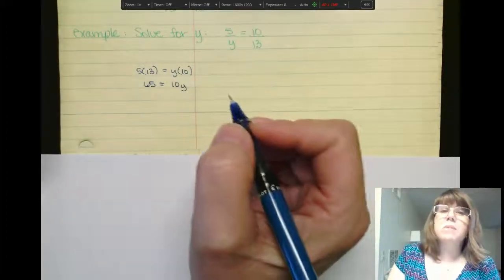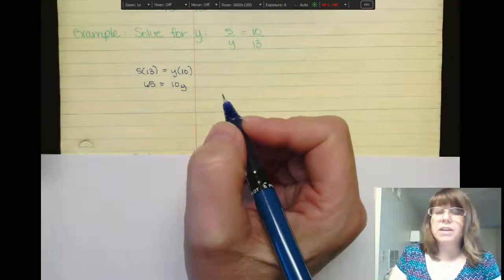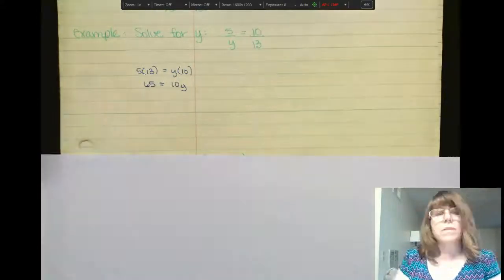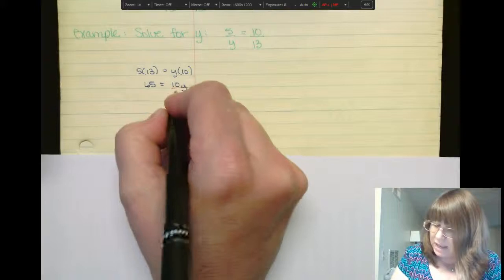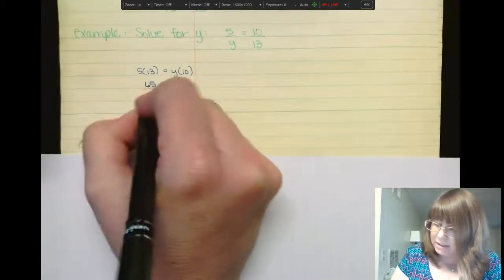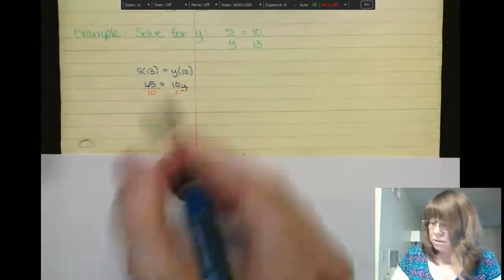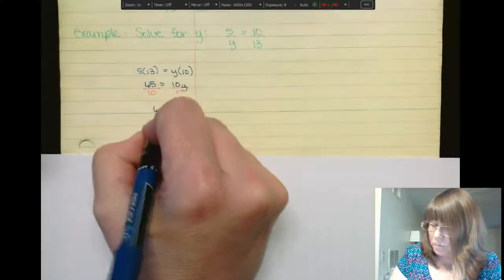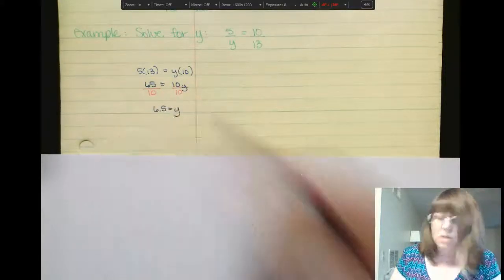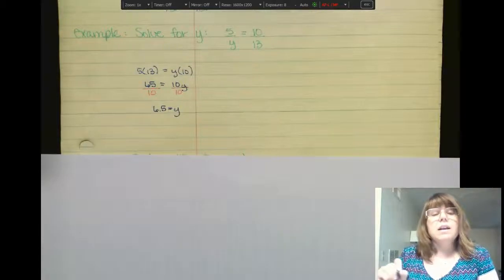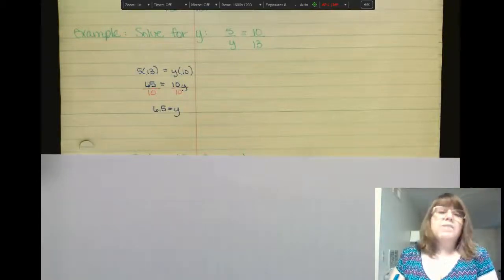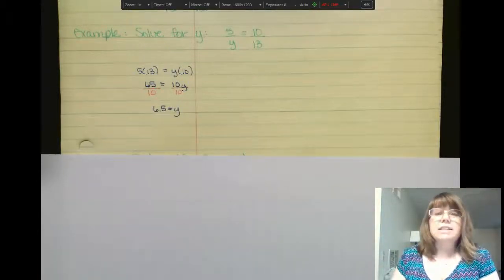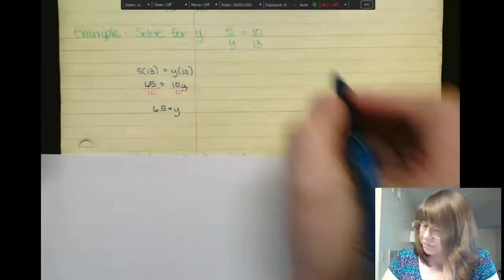Now I'm going to use my multiplication property of equality. So I can divide each side by 10. And now I have 6.5 equals y. But let me just plug that 6.5 in and double check to see if indeed it works out.